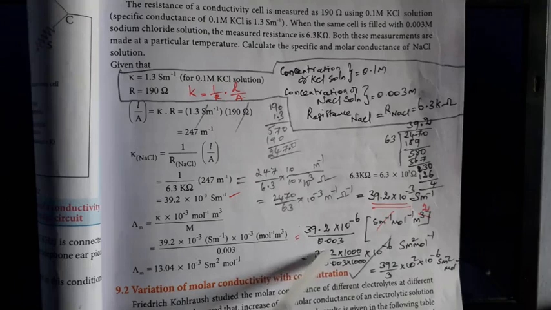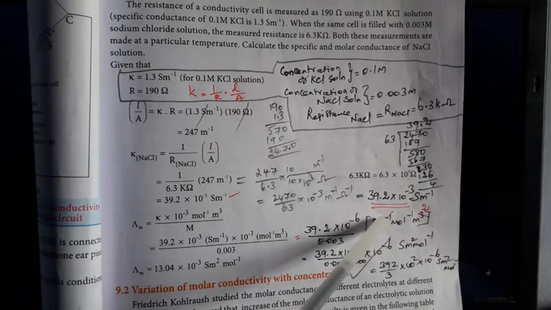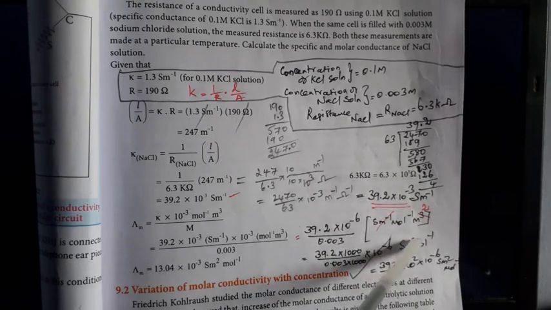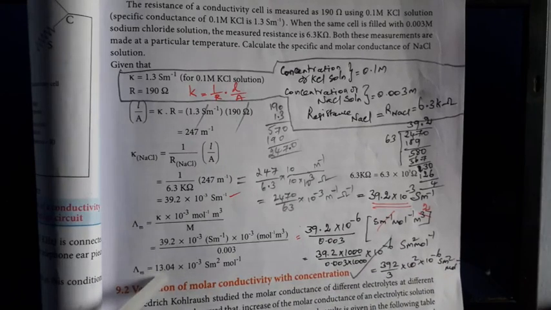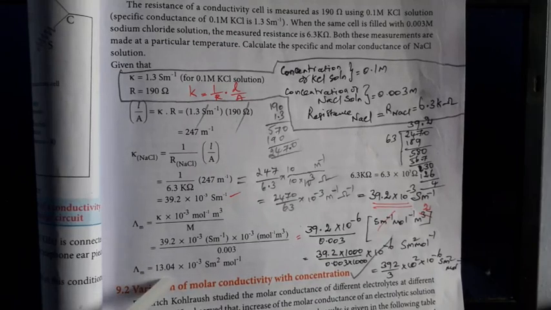So 39.2 into 1000 divided by 0.003 into 1000 into 10 to the power of minus 6, giving unit S m square per mole. So 39.2 into 100 into 10 to the power of minus 6, the value is 13.04 into 10 to the power of 3.